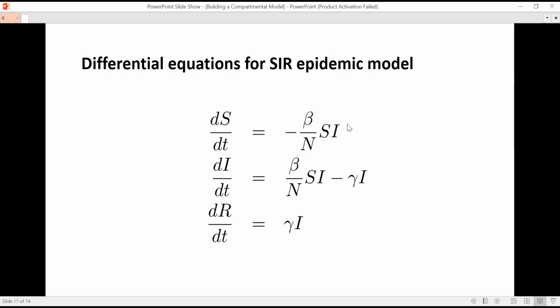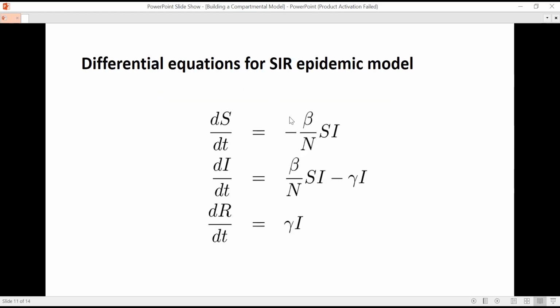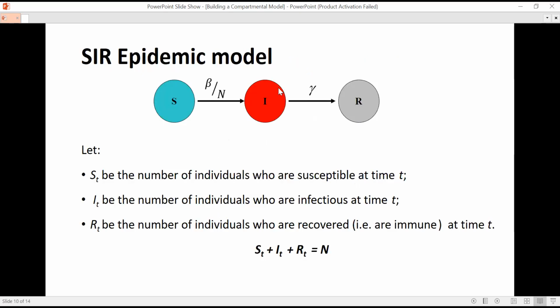So this is the number of people who will move. And these people who are moving, where are they headed to? They're headed to I. And that is why when this chunk comes to the I equation, it is now a positive number, because they are now off from the S compartment to the I compartment. But we are also losing people from the I into the R. So people are recovering at rate gamma. And who are these people who are recovering?